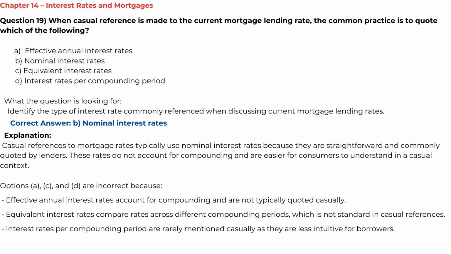Question 19. When casual reference is made to the current mortgage lending rate, the common practice is to quote which of the following? The question is looking to identify the type of interest rate commonly referenced when discussing current mortgage lending rates. Explanation. Casual references to mortgage rates typically use nominal interest rates because they are straightforward and commonly quoted by lenders.